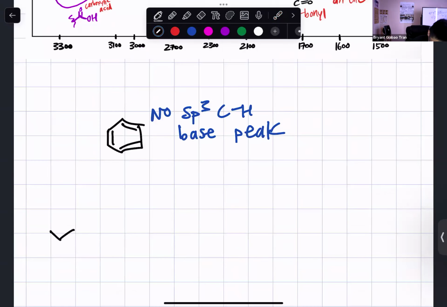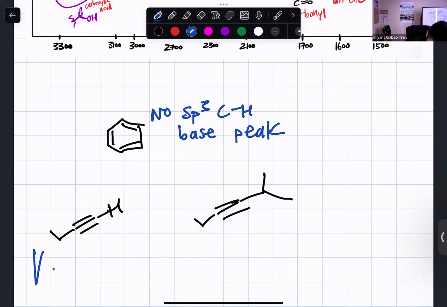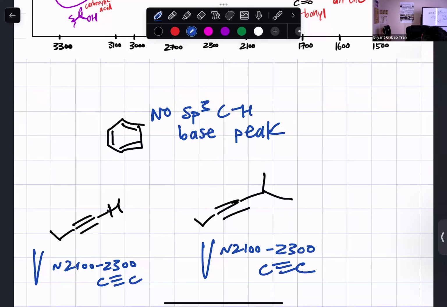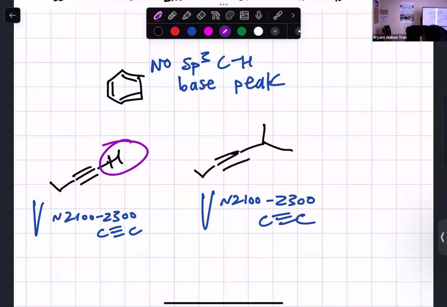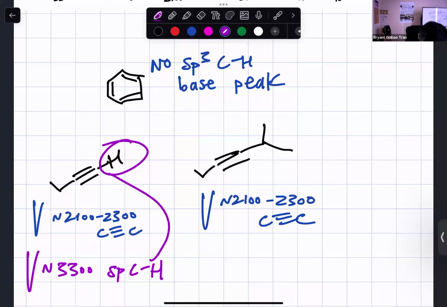For example, if we have this terminal alkyne right here versus this internal alkyne, both of these alkynes will have a sharp peak at around 2100 to 2300 to represent the C triple bond C. But the terminal alkyne will also have a sharp peak at around 3300 to represent the sp carbon hydrogen bond, the hydrogen directly attached to the sp carbon.